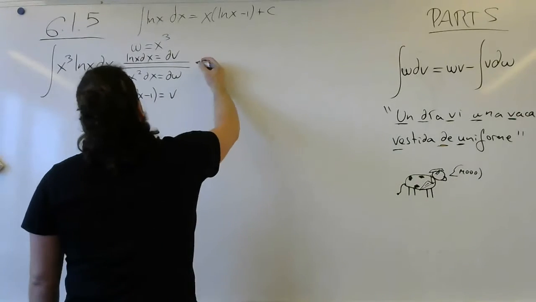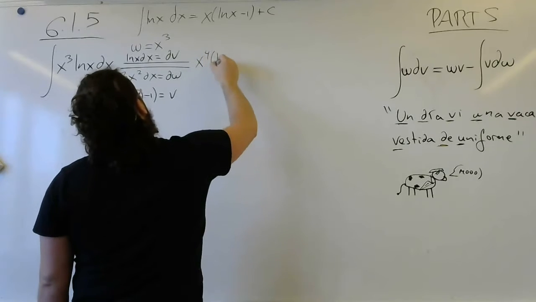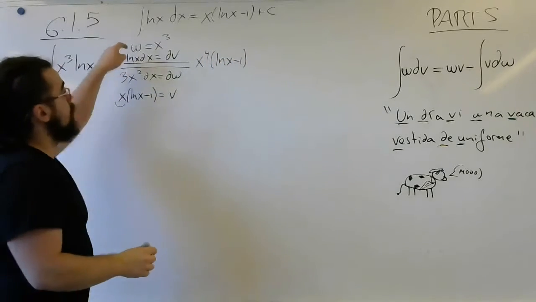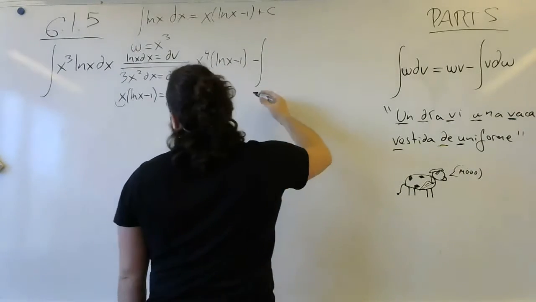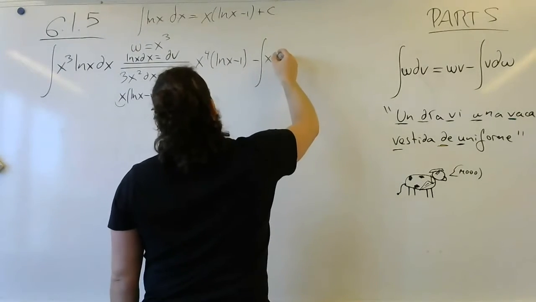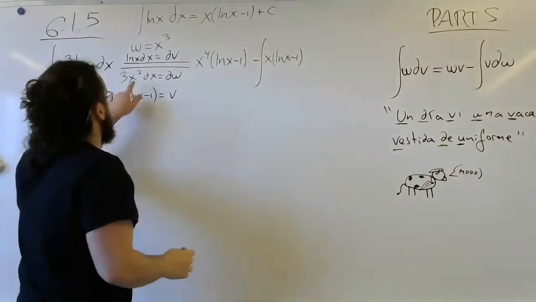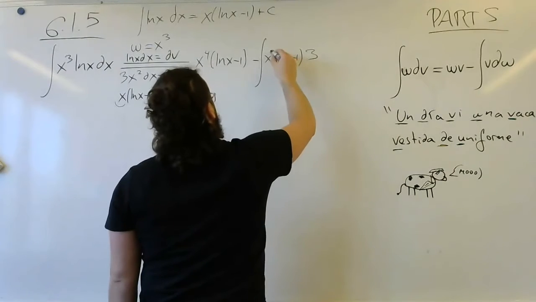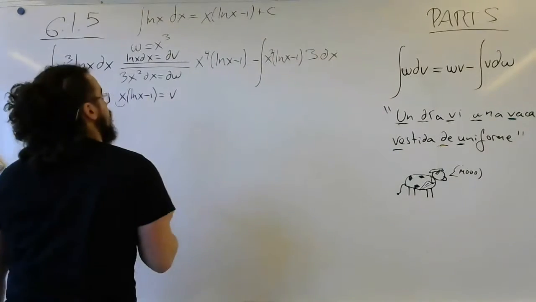So we apply integration by parts, and we have x to the fourth times logarithm of x minus 1 minus the integral of x logarithm of x minus 1 times 3x squared times 3, and this x with the x squared becomes x cubed, differential of x.